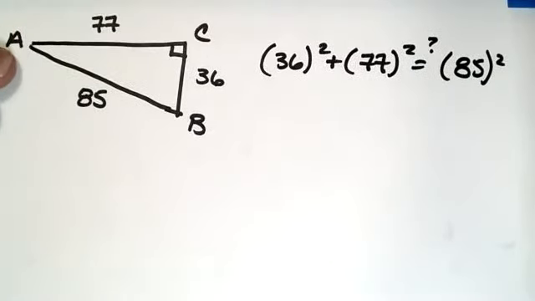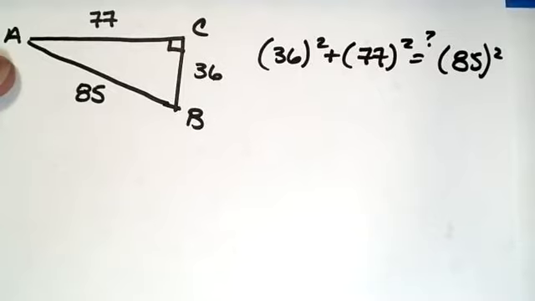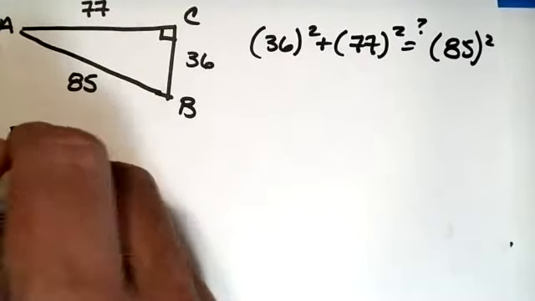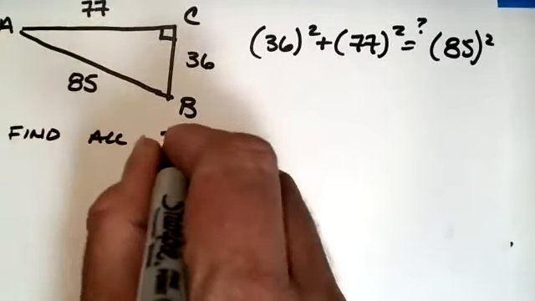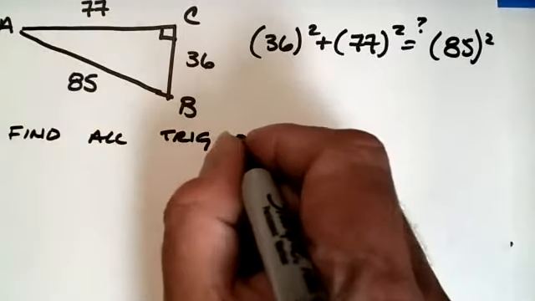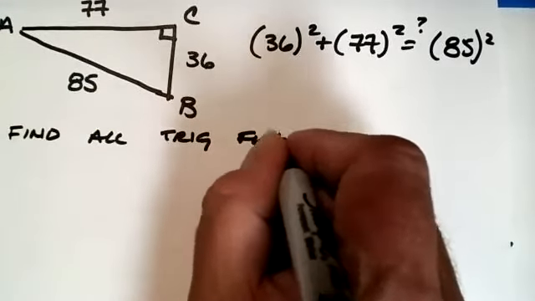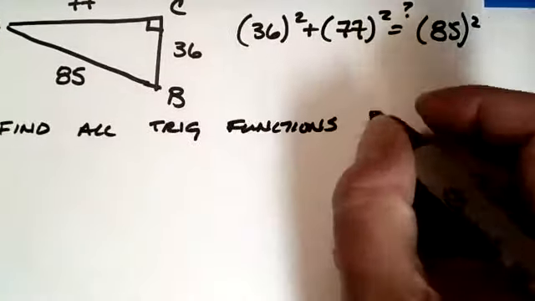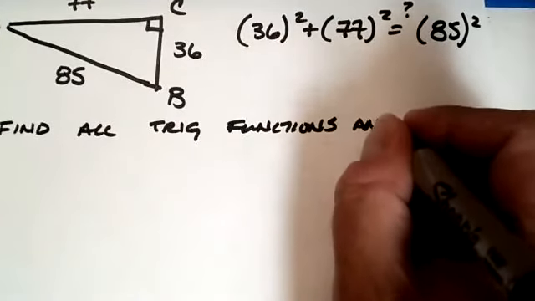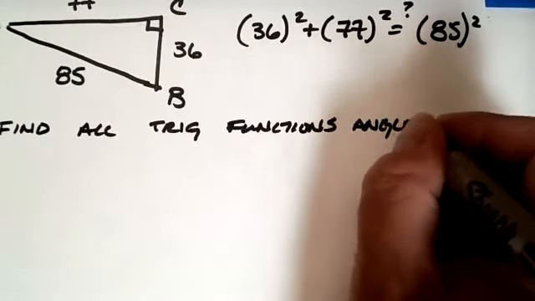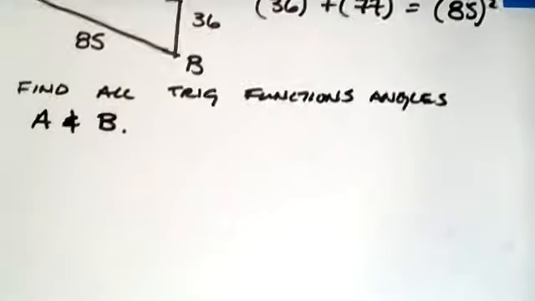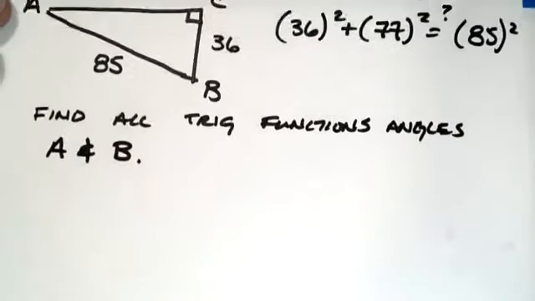Now, what we'd like to do with this is find all trig functions, so all 6 of them, of angle A and B. Okay, so let's run through them fairly quickly.